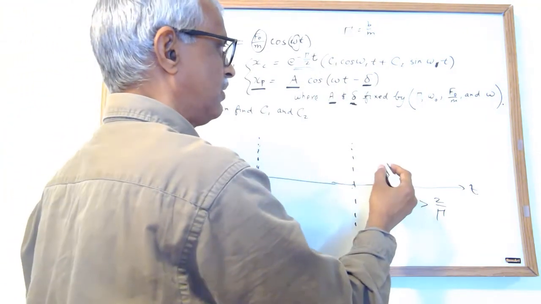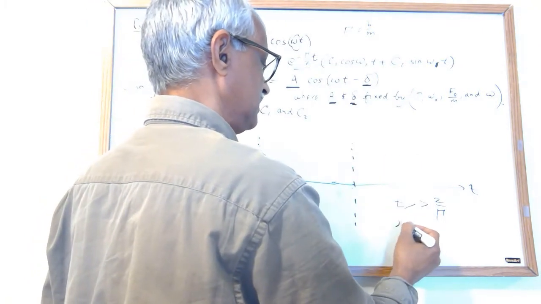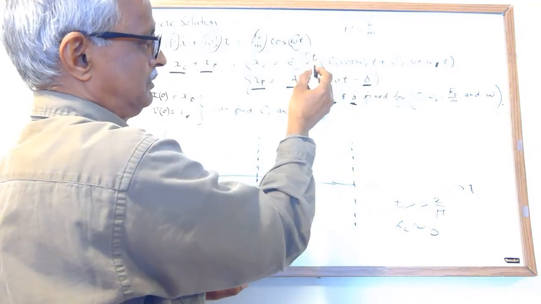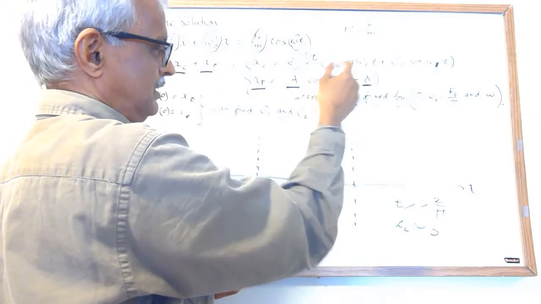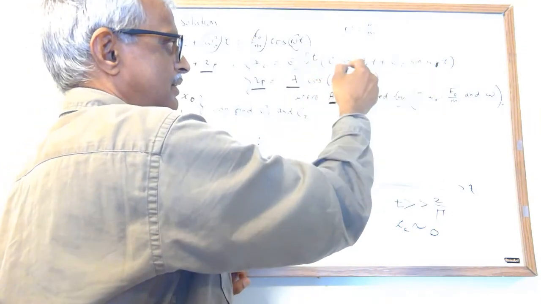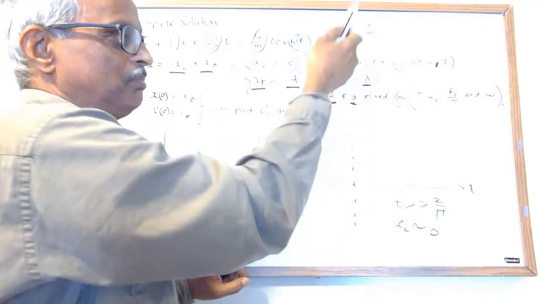Over here, when I get all the way here, xc is approximately 0. When t goes to infinity, the exponential kills this term. This is at most C1 or C2, because cosine can be plus or minus 1.